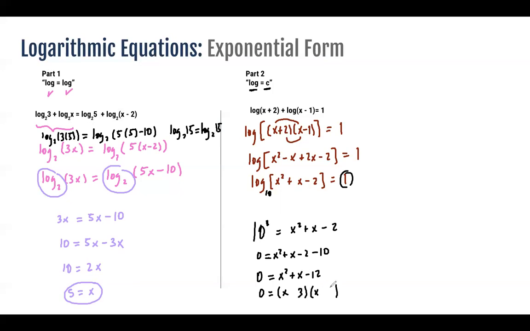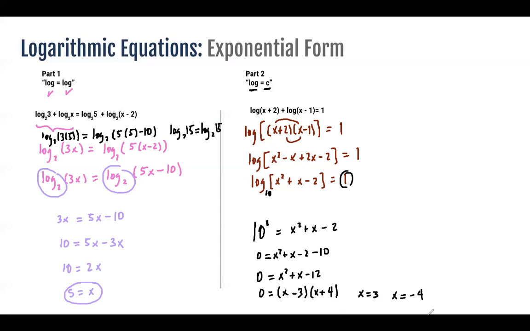I have a 3 and a 4. And let's see, let's use -3 and +4. And that will get you a -12 and a +x. So the solutions would be x is equal to 3 and x is equal to -4.